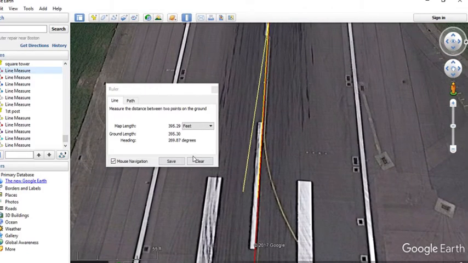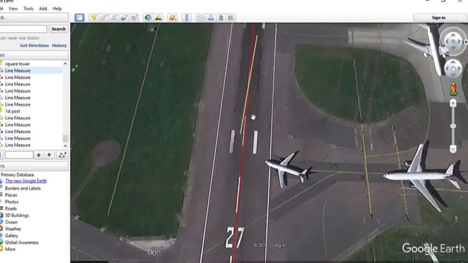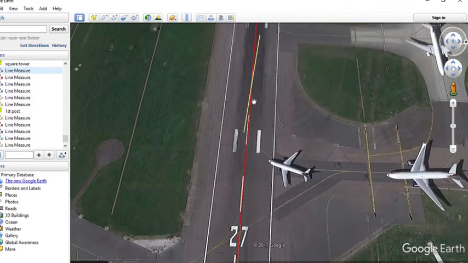Yeah, so about 269 or just 270. So the difference between the yellow line and the red line is about 3 degrees, or slightly over 3 degrees, which is very similar to the difference between the orientation of the square tower and the background towers.